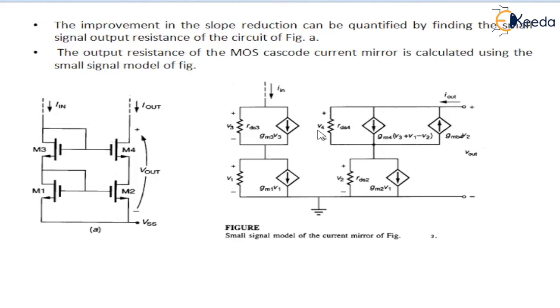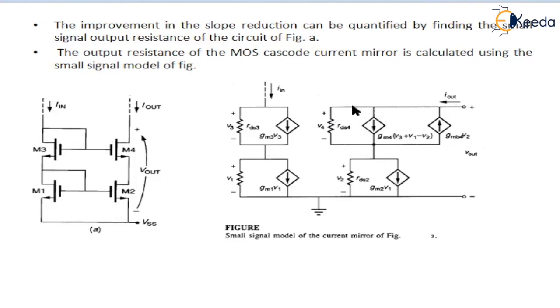V4 is equal to RDS4 into the current flowing in this branch. The current flowing in this branch is I out, the total current, and two currents are here, one going this way and the other going this way. So applying KCL at this node, we get the current flowing in this branch.